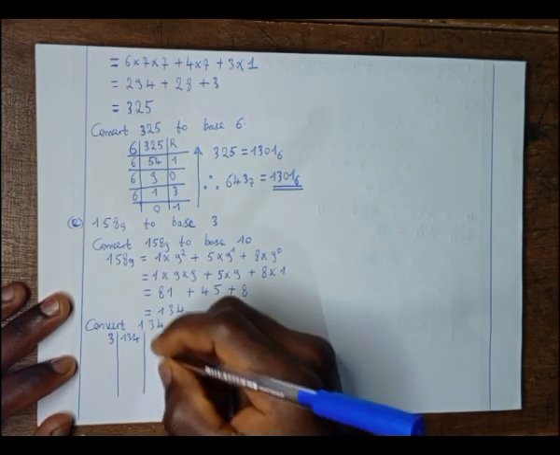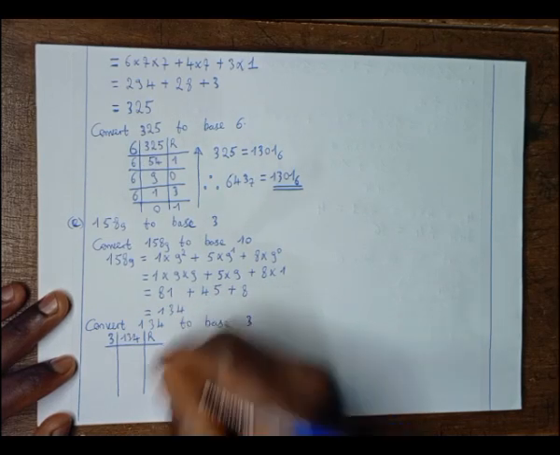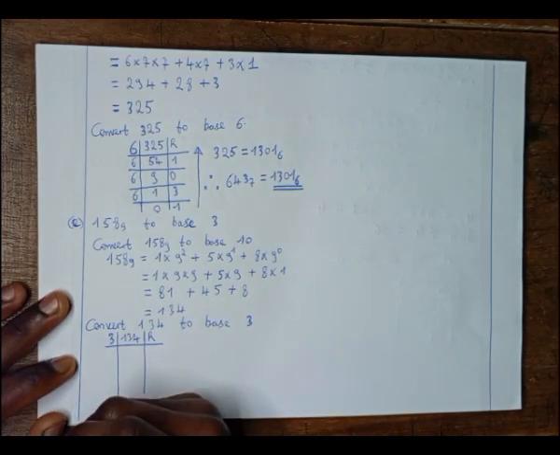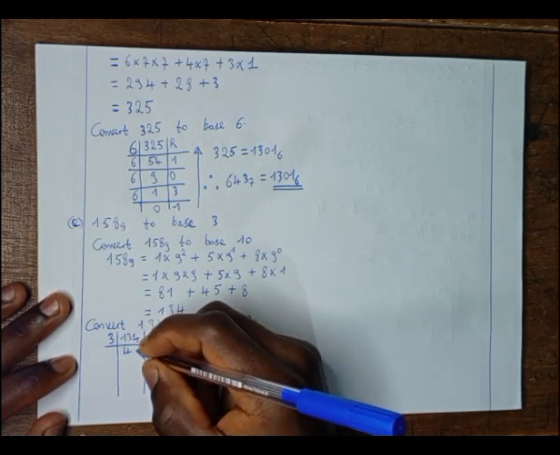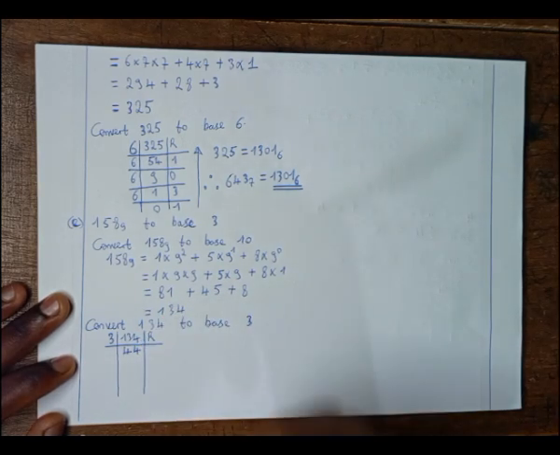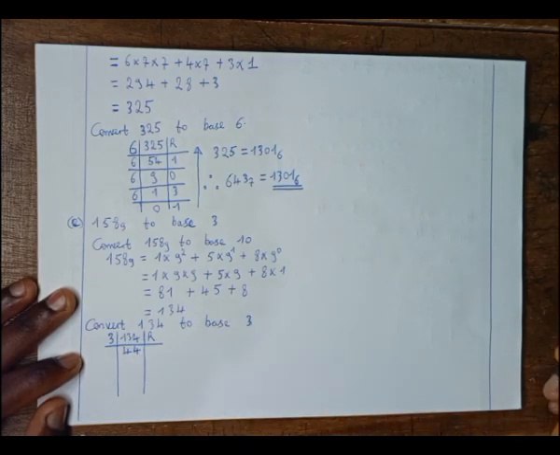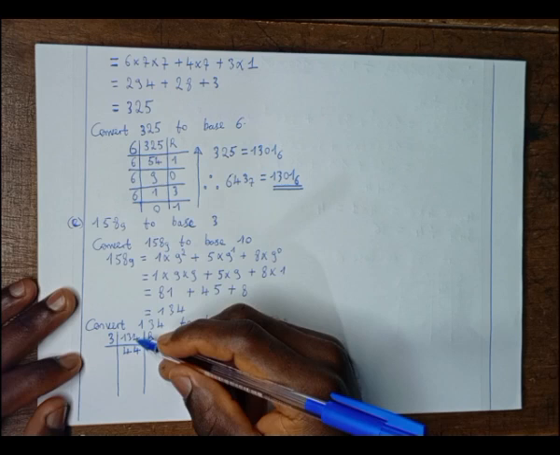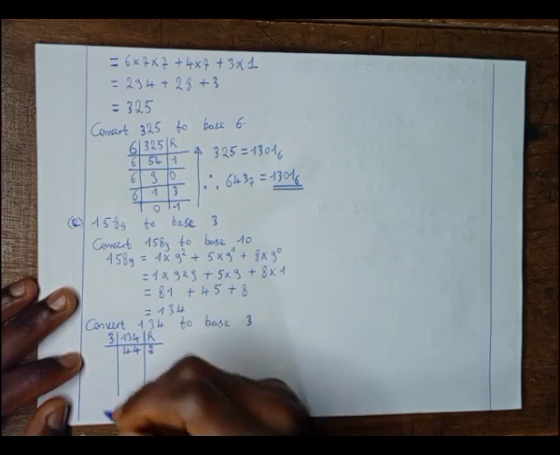And for the third column, we have the remainders. 134 divided by 3 gives us a whole number part of 44. If we take 44 times 3, we are going to obtain 132. 134 minus 132 gives us 2, a remainder of 2.